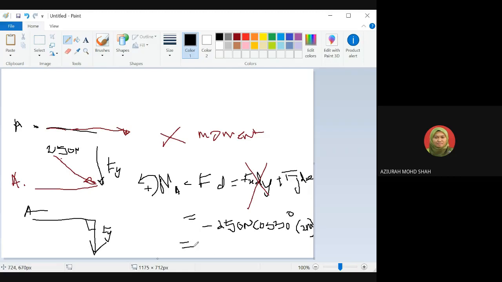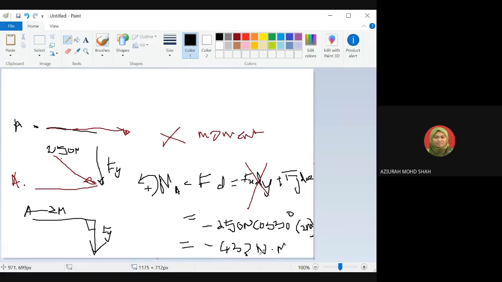So you get the same thing lah. Tadi kita cari D. Just now we find the D is 2 meter cos 30. But now kita cari Fy dia. Fy dia 250 Newton cos 30. D is just directly 2 meter lah. So you get negative 433 Newton meter.